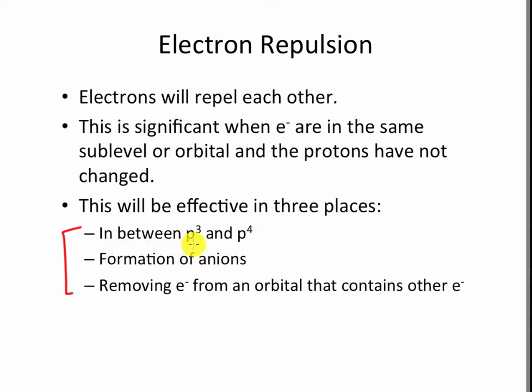I'll talk about the p3 and p4 formation of anions, and when we remove electrons from orbitals that already contain electrons, okay, from an orbital that contains other electrons. So what that means is that, yes, you might think repulsion is going up, but if it's not one of these three cases that I will explain in a little bit, you're not going to see it, okay. You're not going to use this. And it'll make more sense when we start looking at some examples.